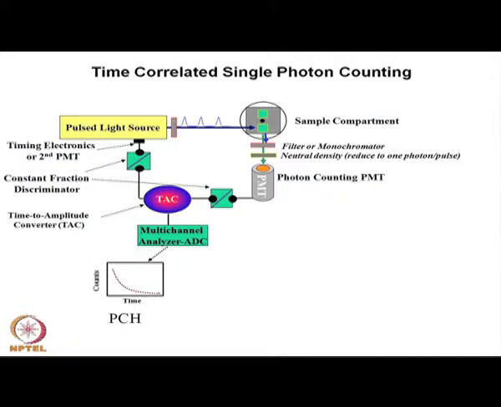This pulsed source may be a nitrogen lamp, that is a nitrogen flash, which gives a train of pulses at maybe some kilohertz or similar frequency.